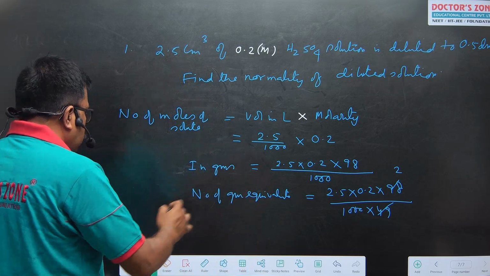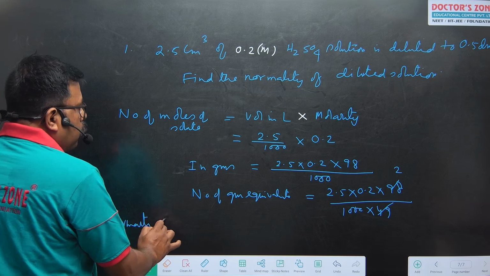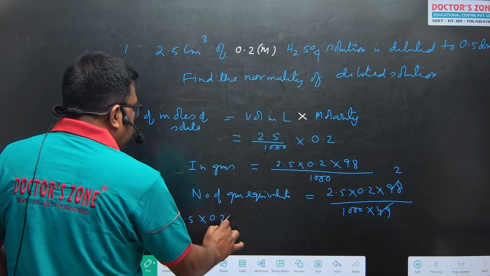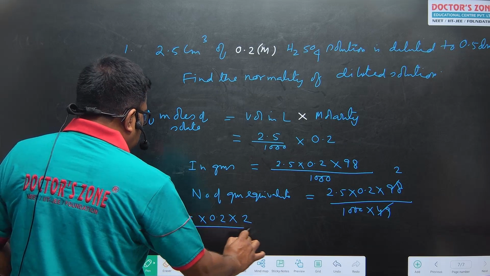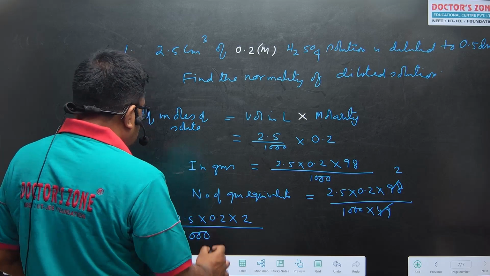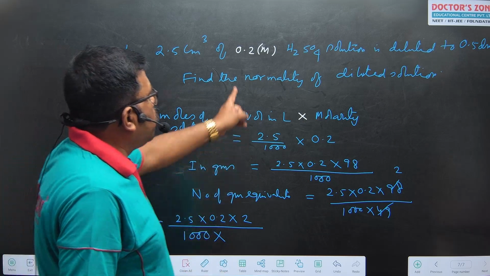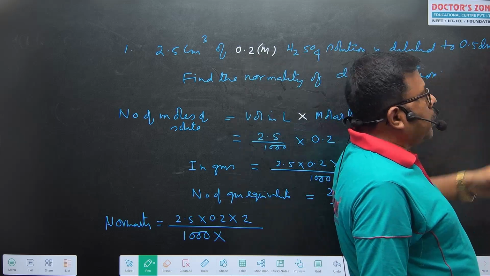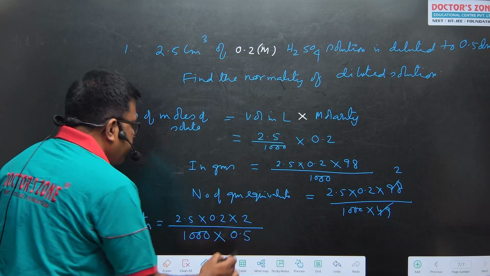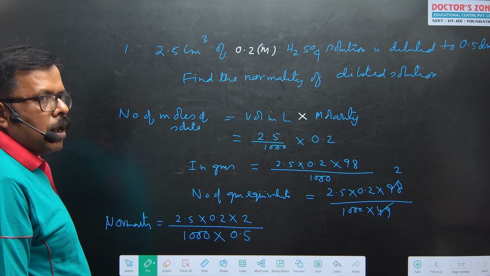And finally, your normality will be this value that we are getting divided by the volume in liter. Now, decimeter cube and liter are the same thing. So it will be 0.5. So you have to simplify this and that will be the answer.